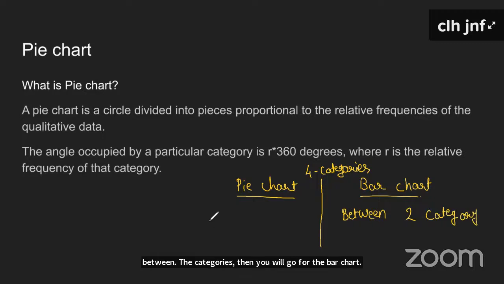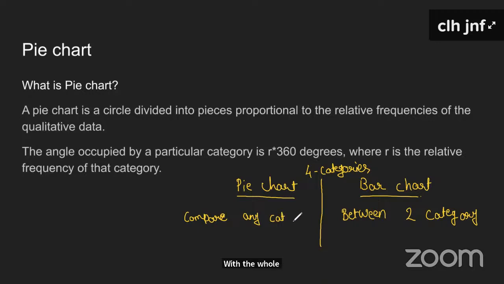But whenever you have to compare any particular category with the whole given data, then you will go for the pie chart, because the pie chart will give you a percentage overview of how much portion it covers, or how much contribution that particular category has in the data set.